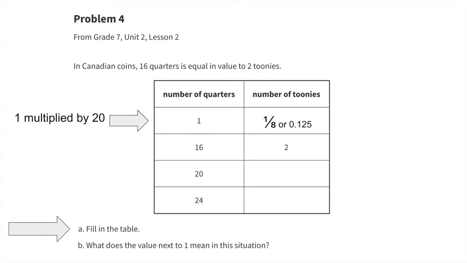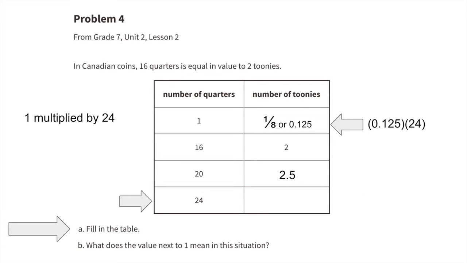1 times 20 equals 20, and 1/8, or 125 thousandths, times 20 equals 2 5/10, or 2.5. Next, we need to fill in this last empty space. 1 times 24 equals 24, and 1/8, or 125 thousandths, times 24 equals 3.